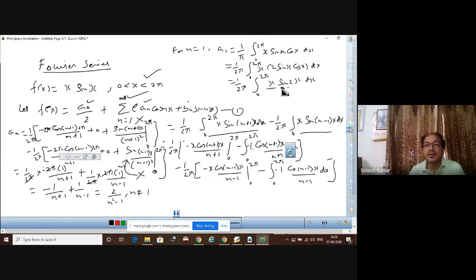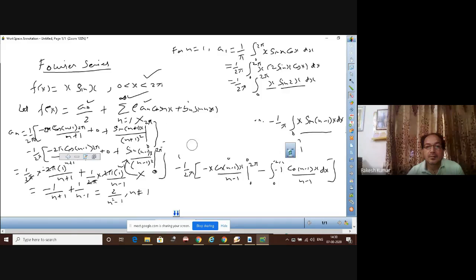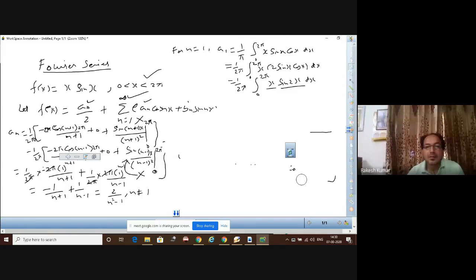Now you can integrate it by parts. Let us do now integration by parts.